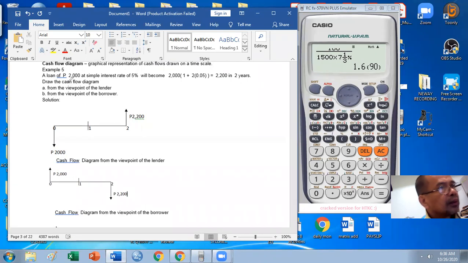Draw a cash flow diagram of a loan of 2,000 at a simple interest rate of 5%.